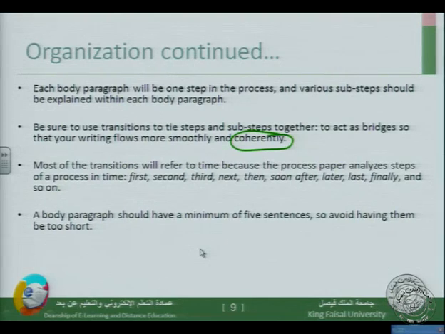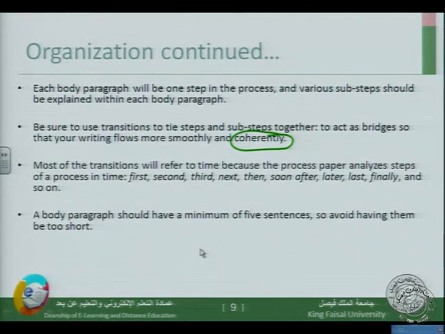So a body paragraph should have a minimum of 5 sentences. My advice is to avoid writing them in short form. Just avoid having them too short.